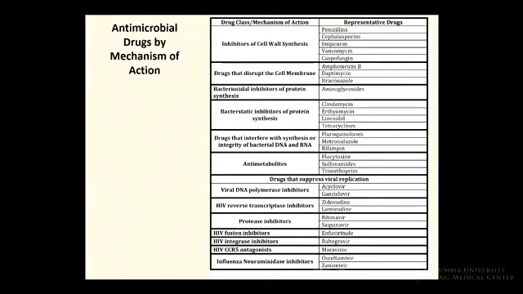They block cell wall synthesis and are generally bactericidal. If you block the synthesis, you kill the bacteria. That includes the penicillins. It includes the cephalosporins, right? It includes imipenem, vancomycin, caspofungin. Okay.